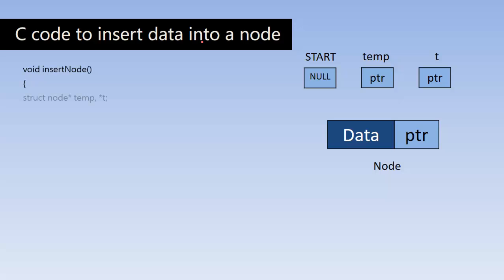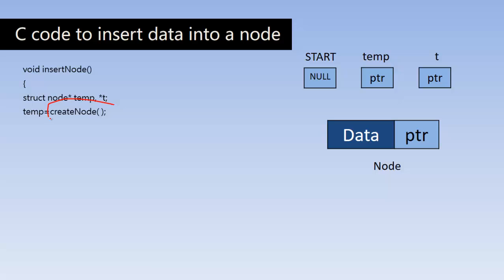Okay. So we have created two pointer variables here, temp and t. Temp is a pointer variable of type struct node, and t is also a pointer variable of type struct node. So both these pointer variables can now point to the newly created node. We have not yet created any node. Okay. temp = createNode.